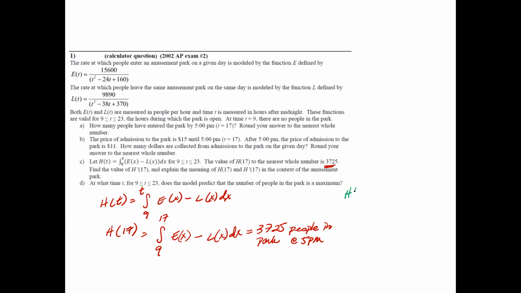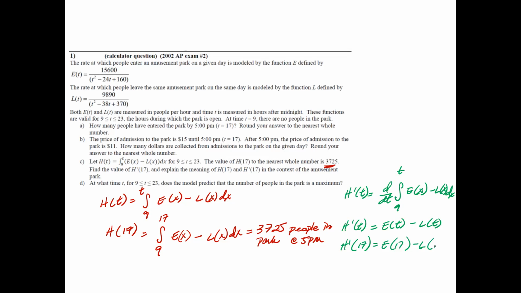Now, the other side of this, h prime of t, is the rate of change of the integral from 9 to t of e of x minus L of x dx. So then h prime of t is equal to e of t minus L of t. And so h prime of 17 will equal e of 17 minus L of 17.